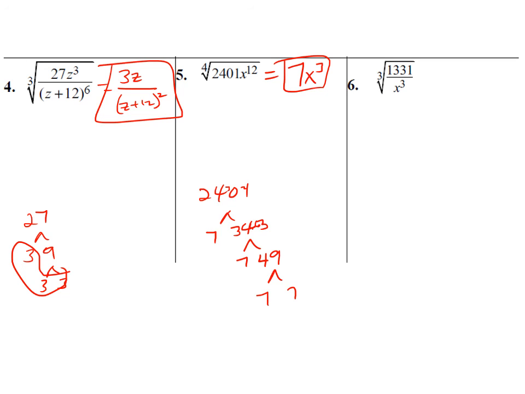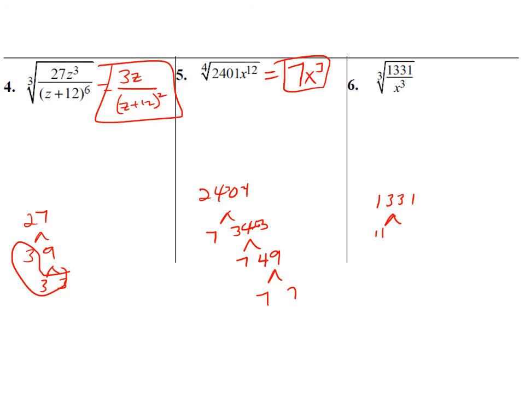Here we have the cube root of 1,331 divided by x cubed. Again, I'm going to ask myself what numbers on my multiplication table end in a 1. And I have 7 and I have 11. I can try 7 and I'm looking at it, I don't see it working. But let's try 11. There is some repetition here.